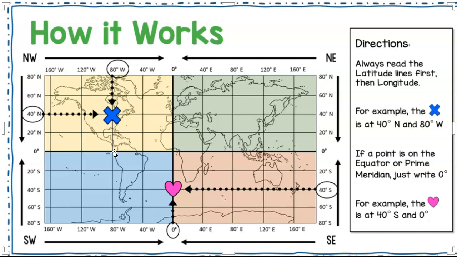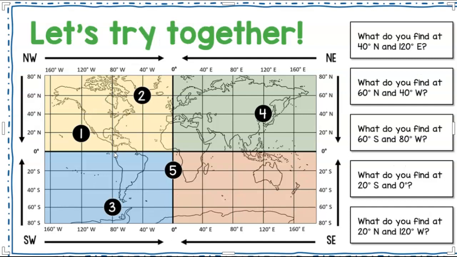What's the heart? 0, yeah. And I guess it wouldn't be directional, correct? Okay, go ahead and answer those. What do you find at 40 north? So you're just going to do the coordinates of the numbers, okay? Okay. So we've got 1, 2, 3, 4, 5.